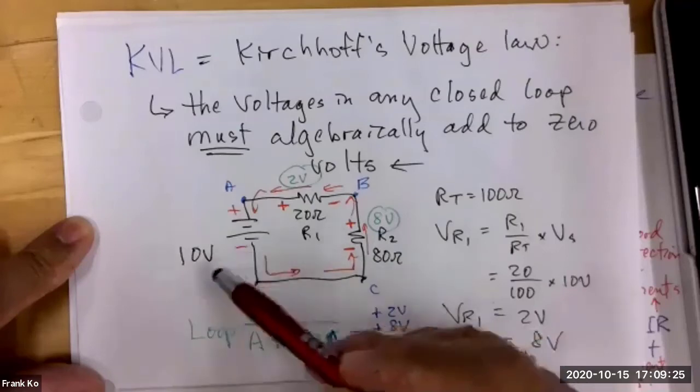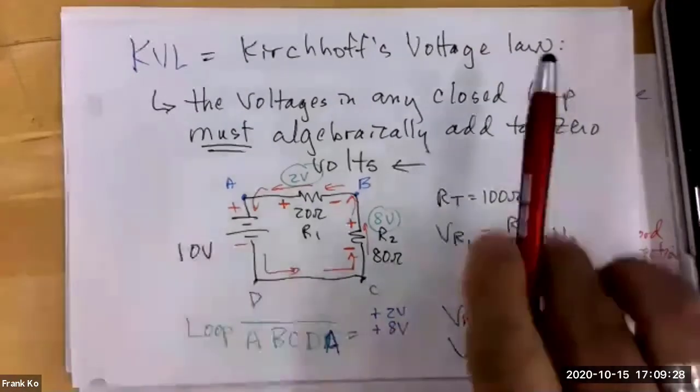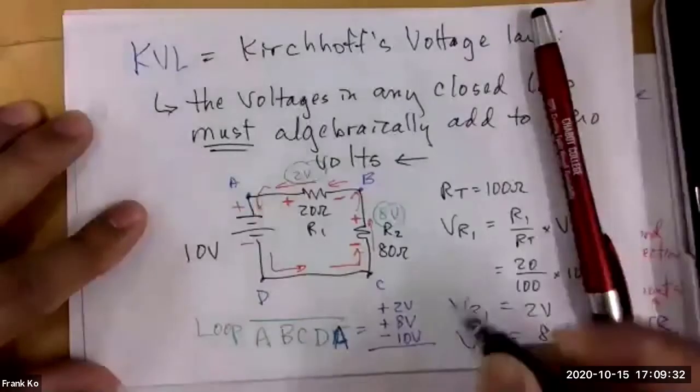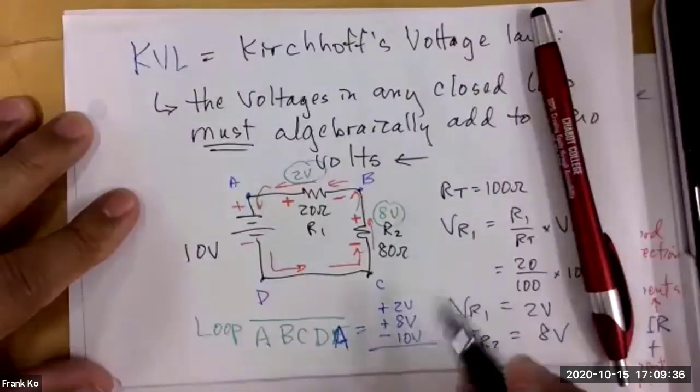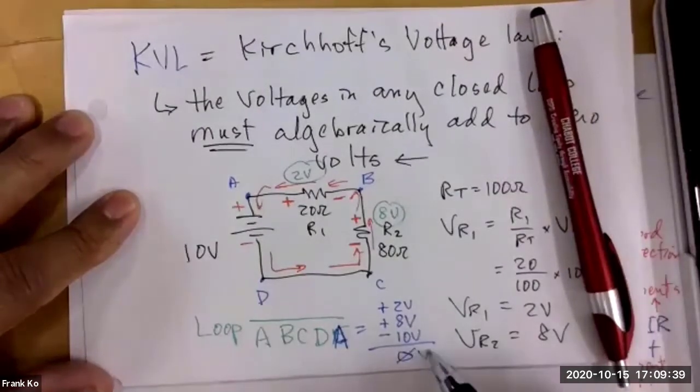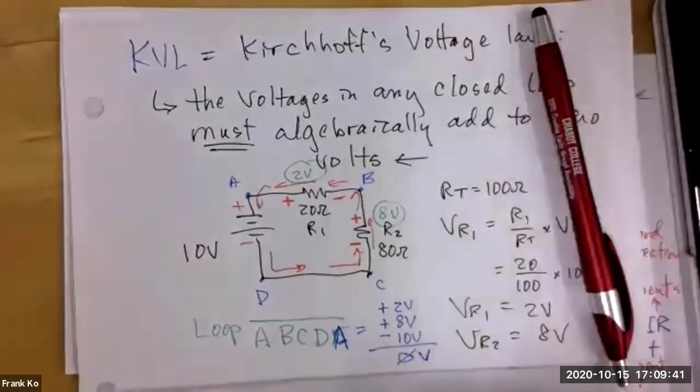Negative. How many volts? 10. So add a negative 10. A positive 2, a positive 8, add to a negative 10. Do I end up in that loop with 0 volts?